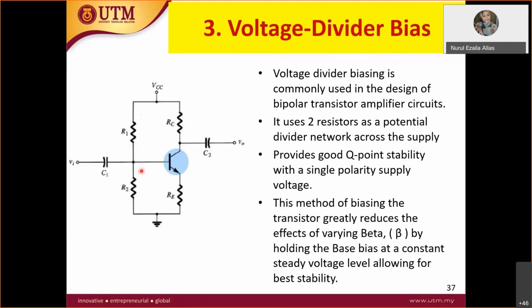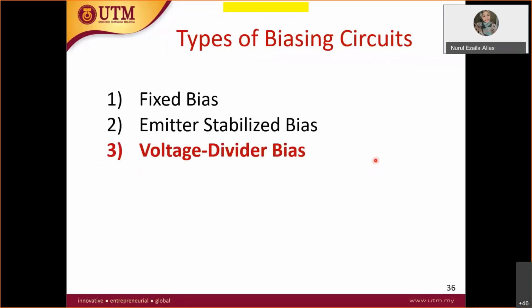This voltage divider bias gives good Q point stability, better than emitter stabilized bias, and of course compared to fixed bias. Fixed bias is the weak one, less stable than emitter stabilized bias. But now you have voltage divider bias, which is much more stable than these two.